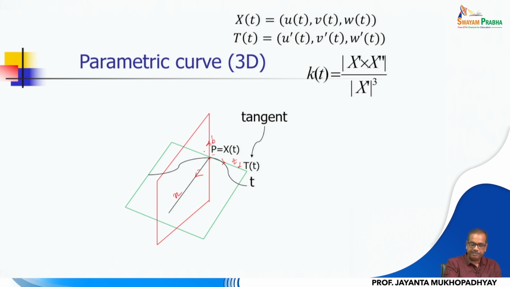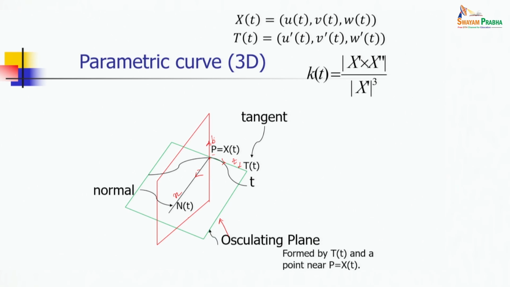So this n and b will define another plane, which is called the normal plane, and this direction is called the bitangent. So this is the osculating plane. This is the normal plane, and this is a circle, as I was mentioning, the radius of curvature with respect to the center of the circle.